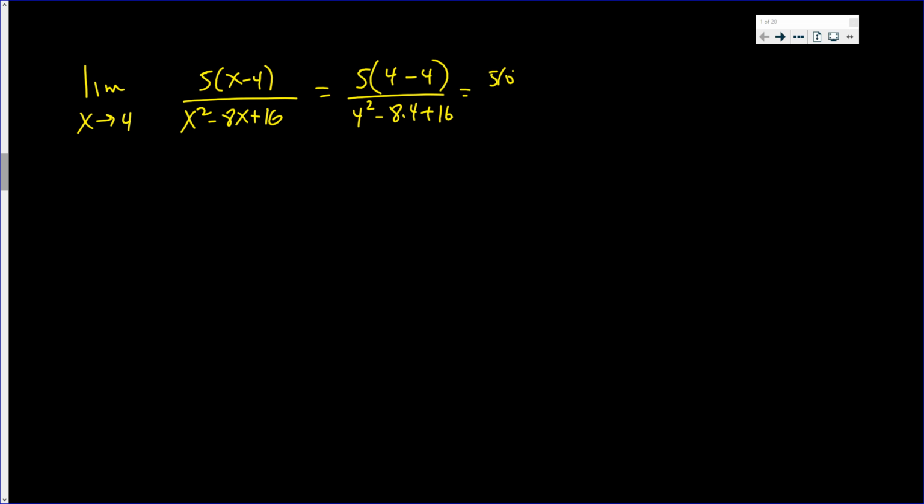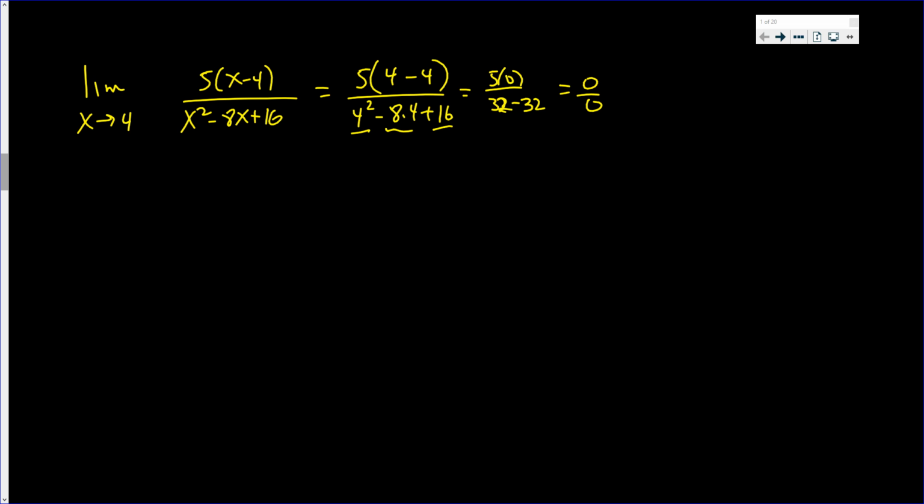This is 5 times 0. This is 16 plus 16, 32, minus 8 times 4, which is 32. Oh, we get 0 over 0.